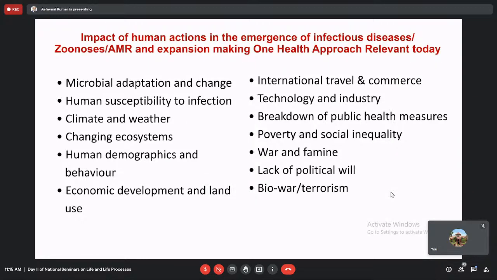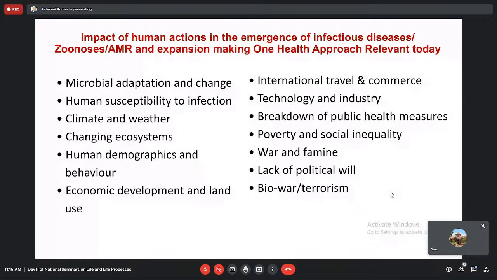The overall international travel and commerce, increase in technology and industrial output, as I mentioned, and the breakdown of public health systems, as we observed in the case of COVID-19, the second wave in India, how desperate people were even for hospitalization and the oxygen requirement and all that. So health systems need to be strengthened. They are not geared up to meet any exigencies of the nature that we are facing.